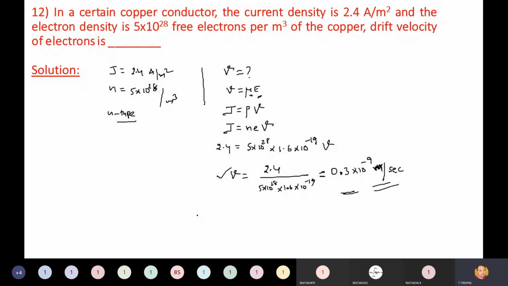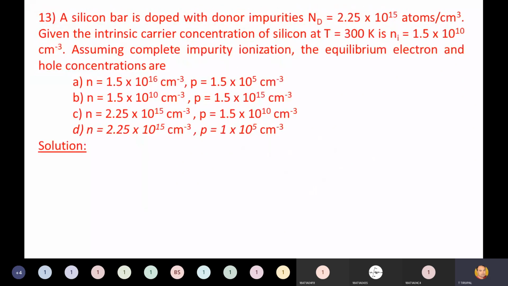Please write this problem. A silicon bar is doped with donor impurities Nd equal to 2.25 into 10 power 15 atoms per centimeter cube. Given the intrinsic carrier concentration of silicon at T equal to 300 degree Kelvin is Ni equal to 1.5 into 10 power 10 per centimeter cube.